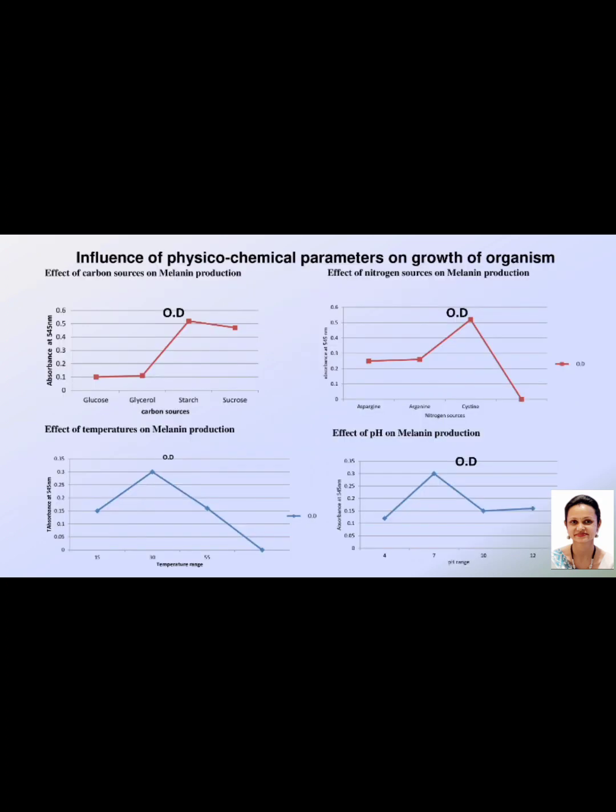Next are some physicochemical parameters influencing the growth of the organism. The parameters were checked using basal media. The graphs show the different parameters. Among these, the first graph is for the effect of carbon sources, which is most effective at starch.